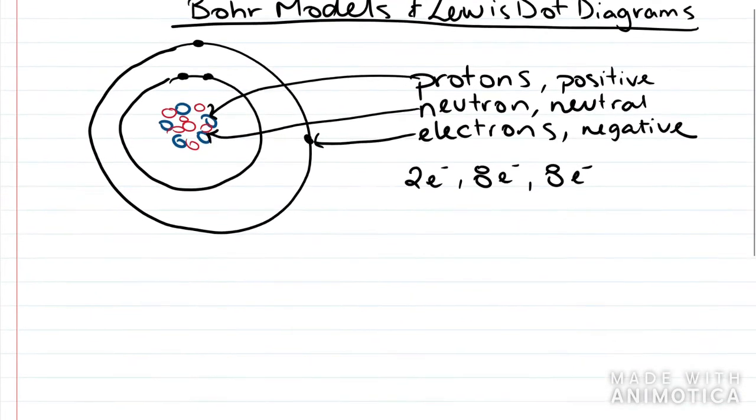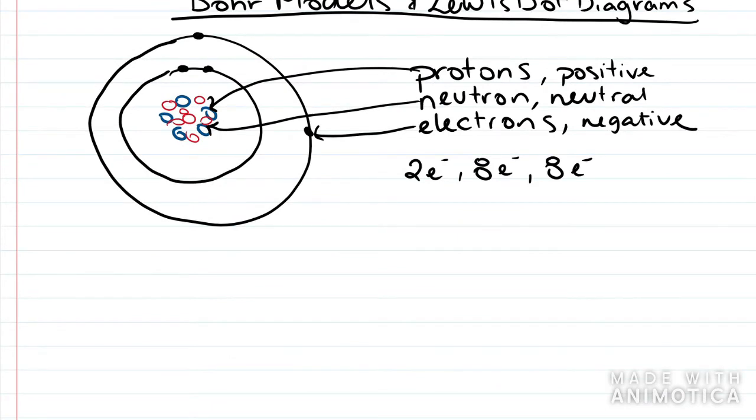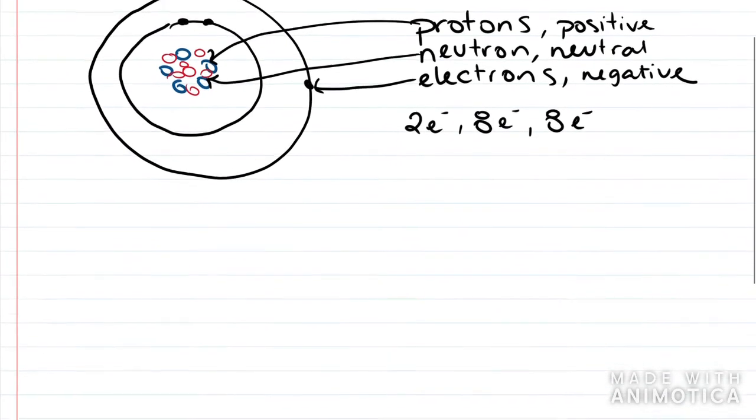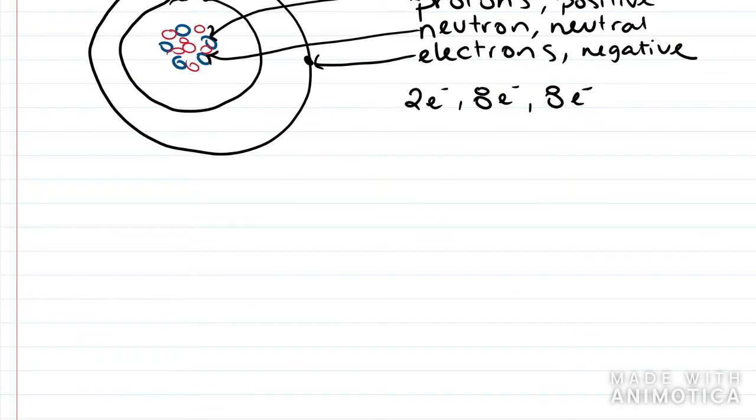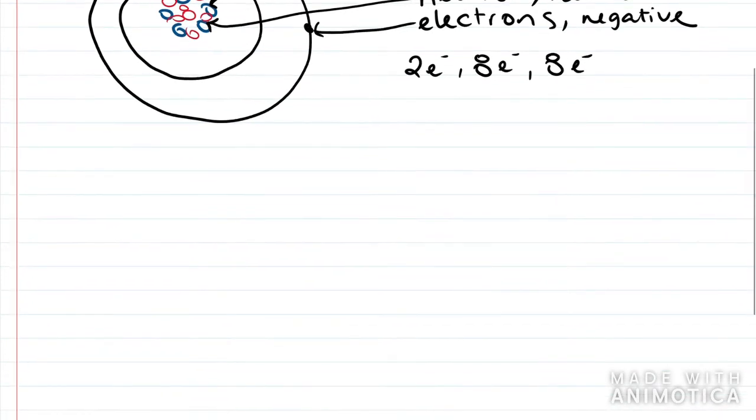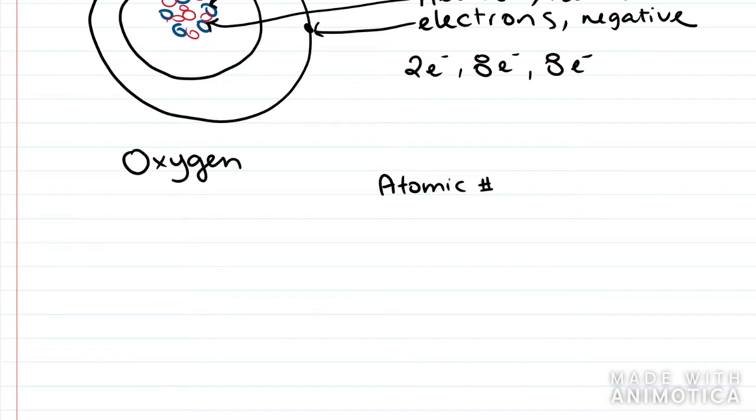Okay, so to draw our Bohr diagrams, first, let's go over the atomic ones. So my favorite element, you guys may or may not remember, is oxygen. When we look at the periodic table, we find out that the atomic number is 8.